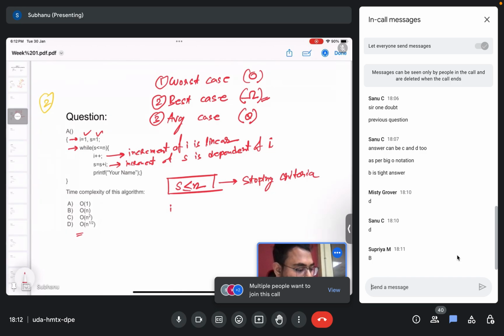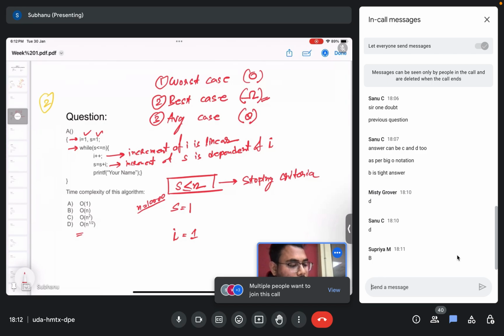In the first step, s is equal to 1 and i is also equal to 1, and n is maybe a very big number, maybe 1000 or 10,000. So first we check whether s is less than 1000 or 10,000 or not.